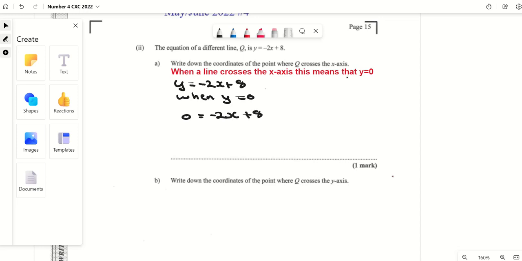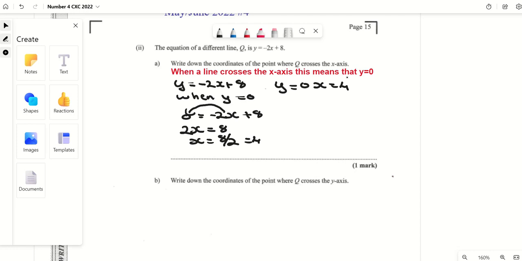We're going to make x the subject. We always want positive x, so I'm going to carry this across. If I carry across the entire minus 2x, it's going to be positive 2x. So 2x is equal to 8, so x is equal to 8 divided by 2, which is equal to 4. So y is equal to 0 and x is equal to 4.